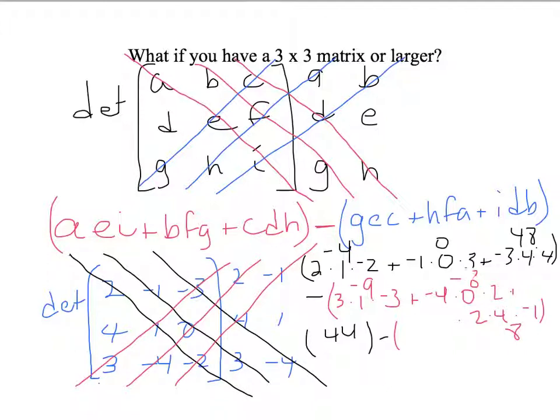I said this is -8, but we all know that should be 0, because anything multiplied by 0 is 0. So I have -9, 0, and 8. That gives me -1. 44 minus a -1 is 44 plus 1, or 45. So that is the determinant of that 3 by 3 matrix.